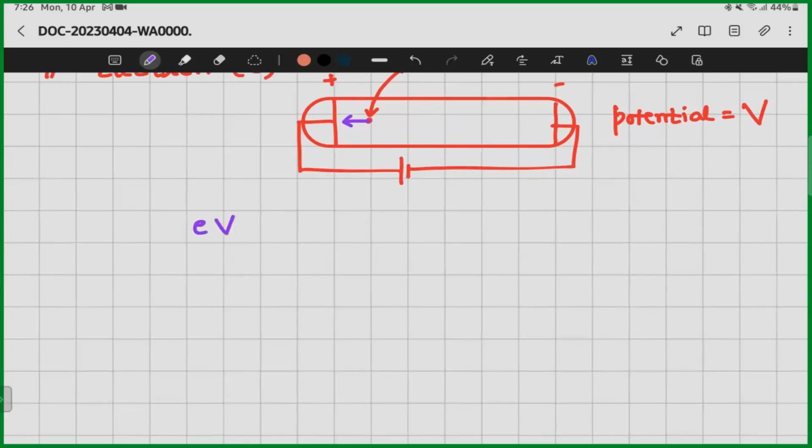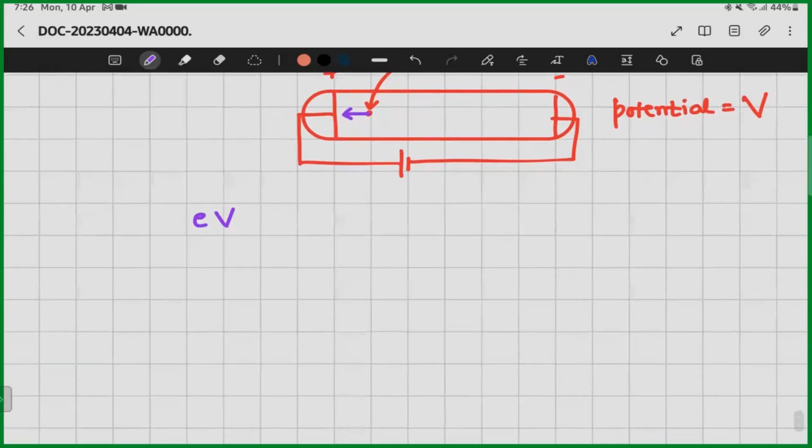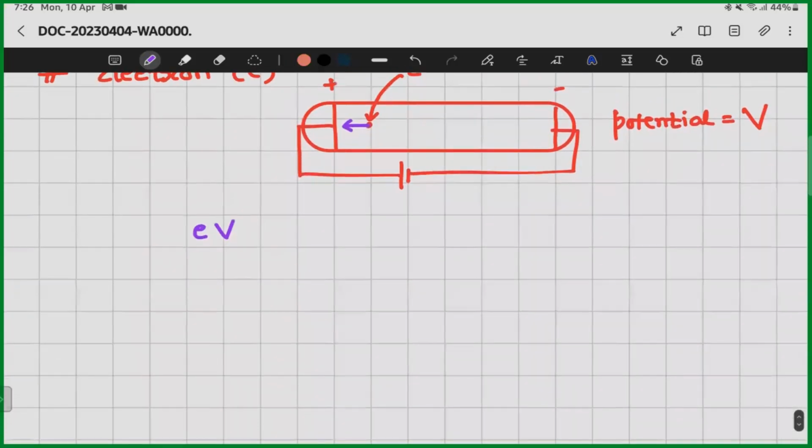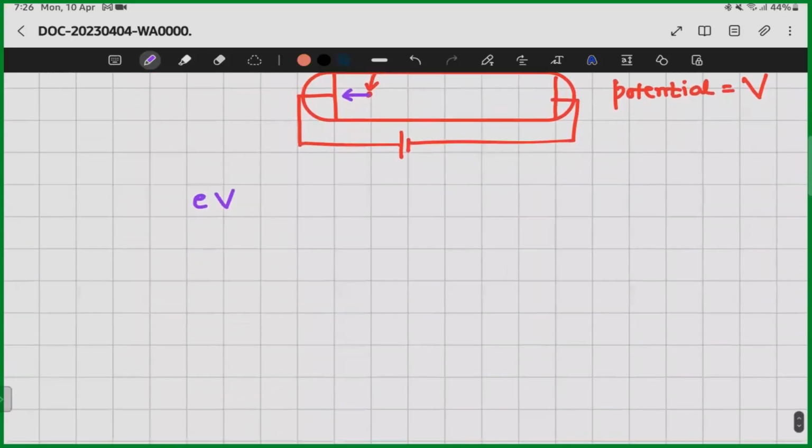So the electron has the charge e, and its potential is V. So eV is the potential energy given by that field to that electron, and this potential energy will be converted to the kinetic energy K of that electron. We are giving the potential, which essentially increases potential energy, and it is converted into kinetic energy.